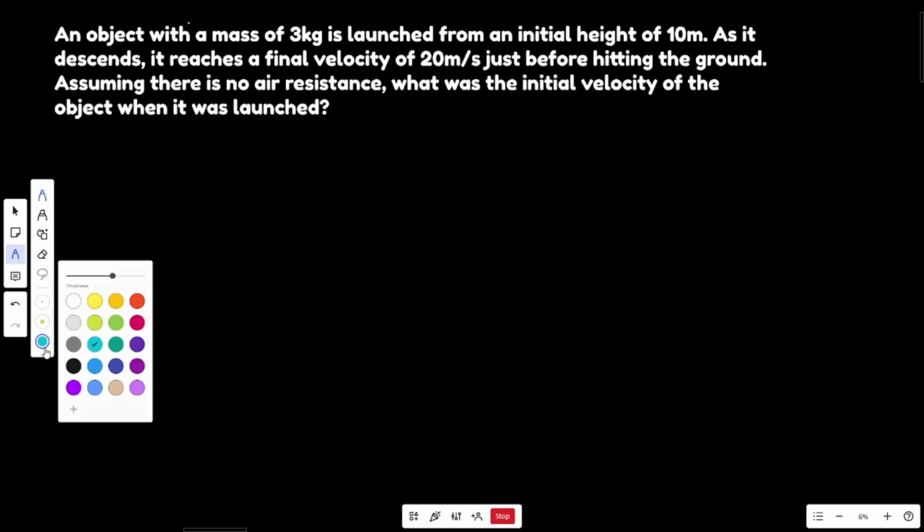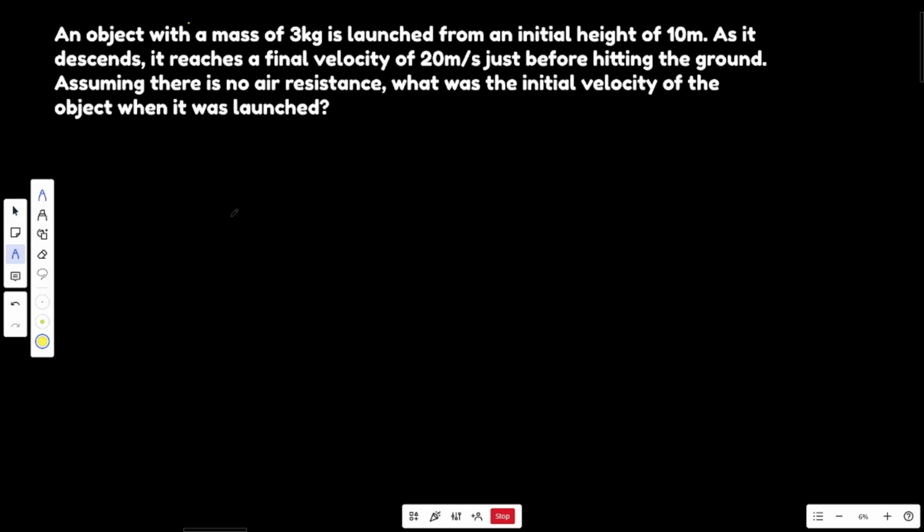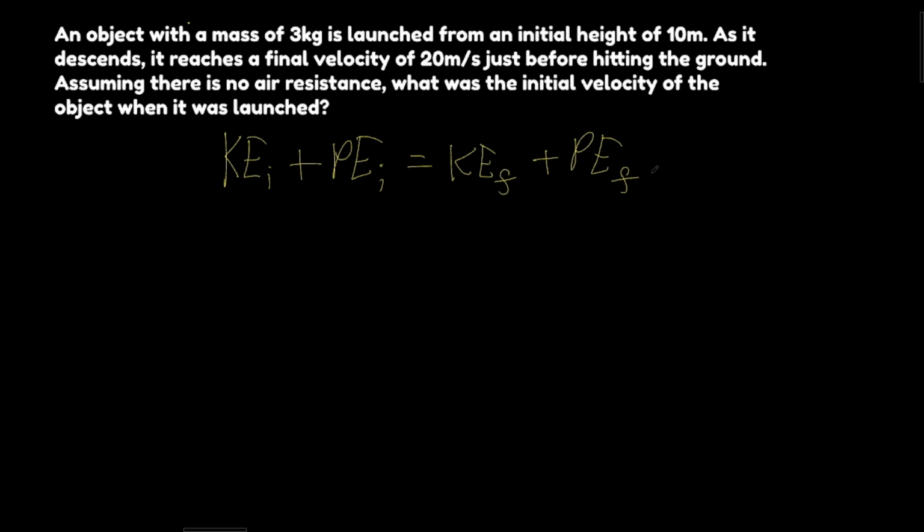So how do we express this in an equation form? Let's go back to our original conservation of energy formula. So we know that KEI plus PEI should be equal to KEF plus PEF. Now, in the question, it says that we know the value of the velocity of the object just before hitting the ground.